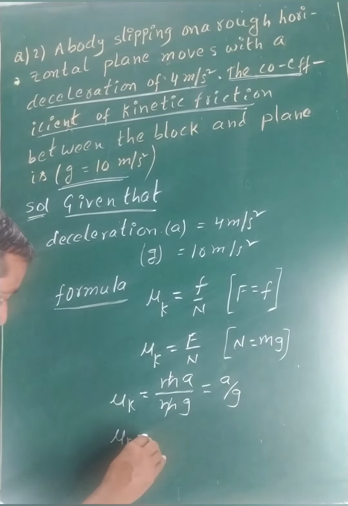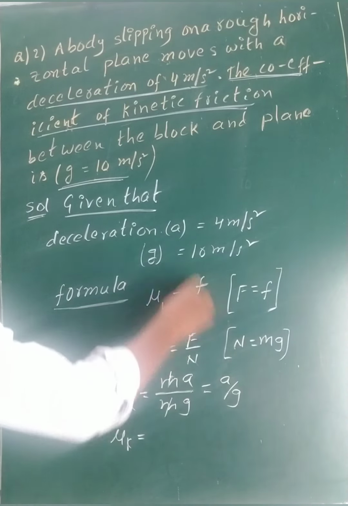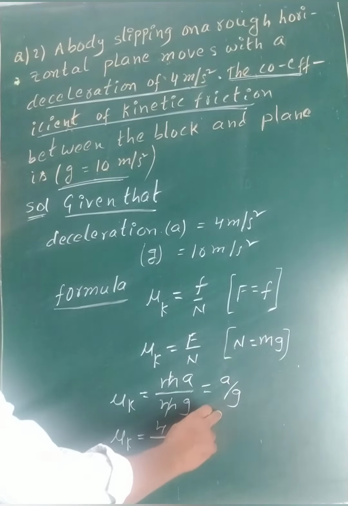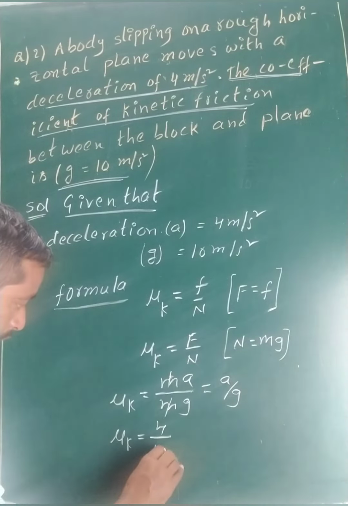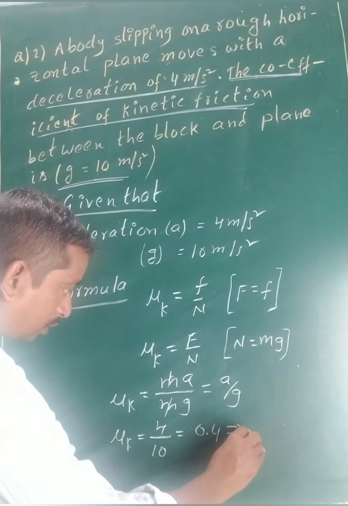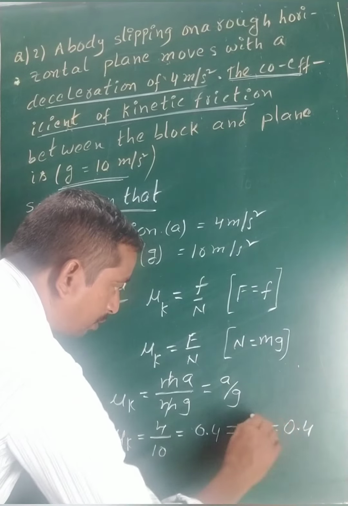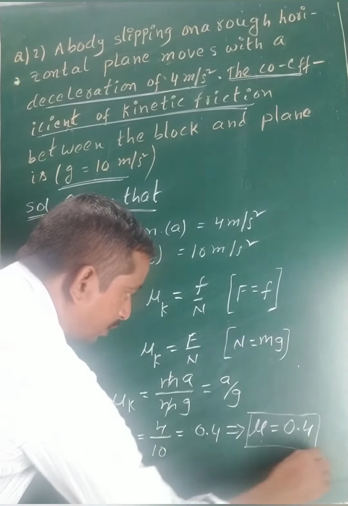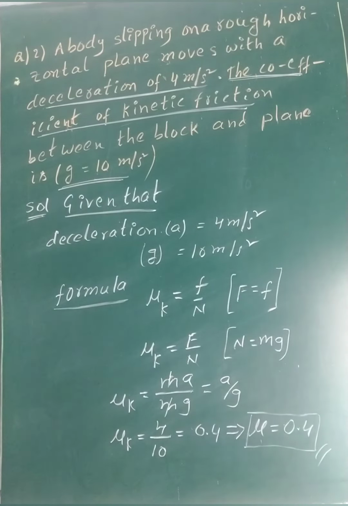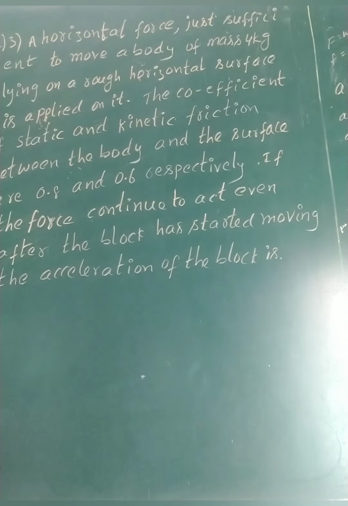Substitute the values: A is 4, g is 10, that equals 4 by 10, which is 0.4. That implies mu is equal to 0.4, and mu is a unitless and dimensionless quantity. There are no units for the given question.